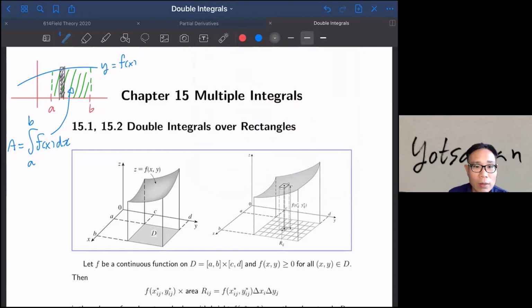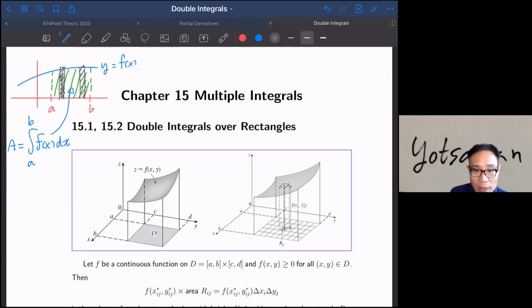So we can think about that as one-dimensional. You have this area, you have bars like this one, and you sum all of the bars together, and you get the total area.